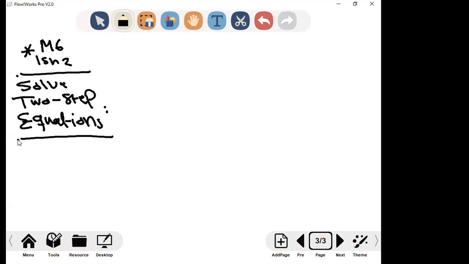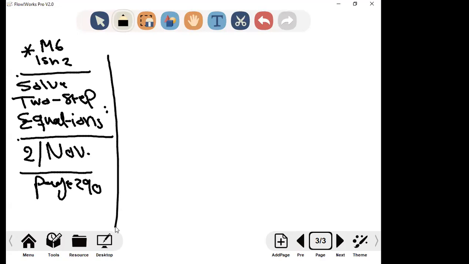Now, today is 2 November, page 290, right? Let's remember what we did yesterday. Yesterday we did how to solve, for example, 2k minus 12 equal 30. We call this a two-step equation. Now our variable is k. Negative 12, what do we call it? The constant number.